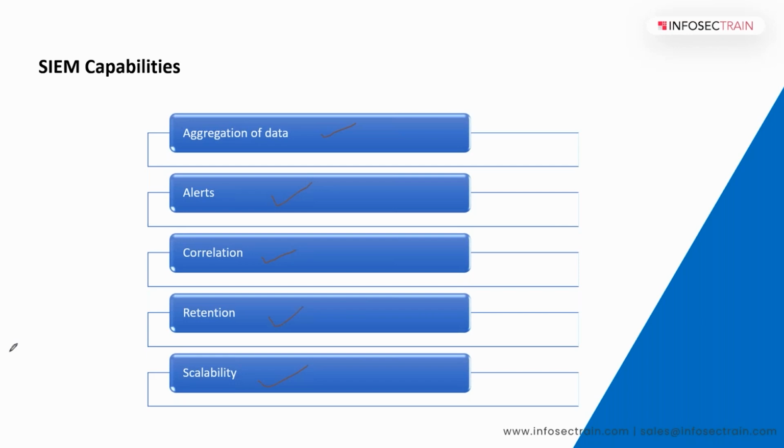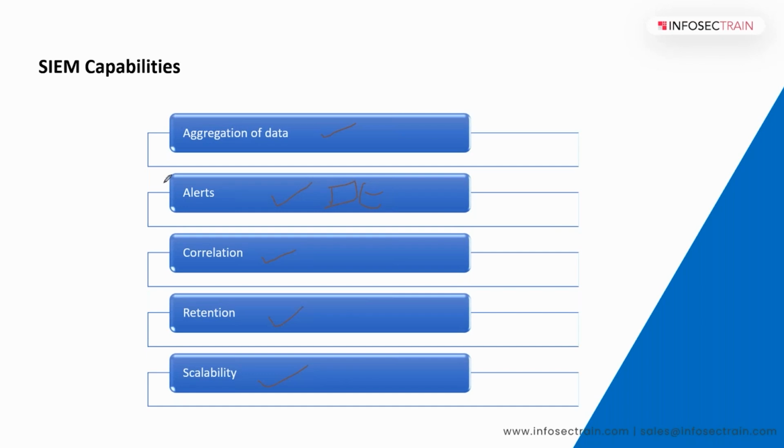Okay, a ticket will be generated, and we are going to identify the false positive. If something is false, it is going to be considered a false positive, false negative, true positive, or true negative, whatever kind of event it is. Okay, by doing an analysis, we are going to identify that ticket.